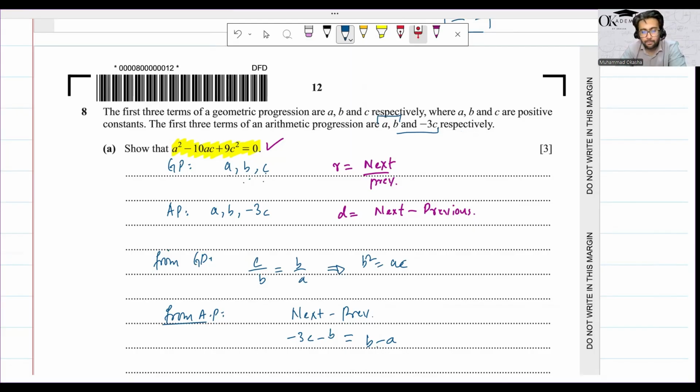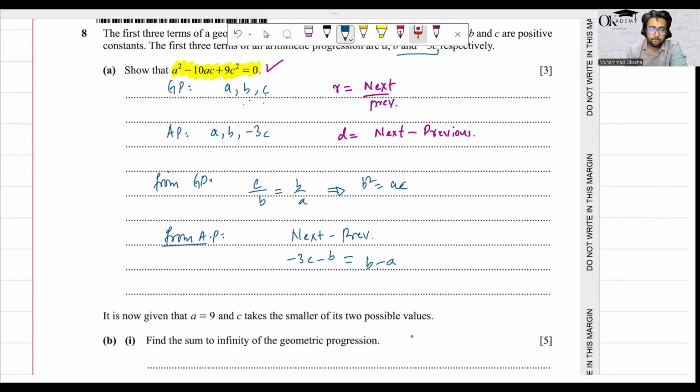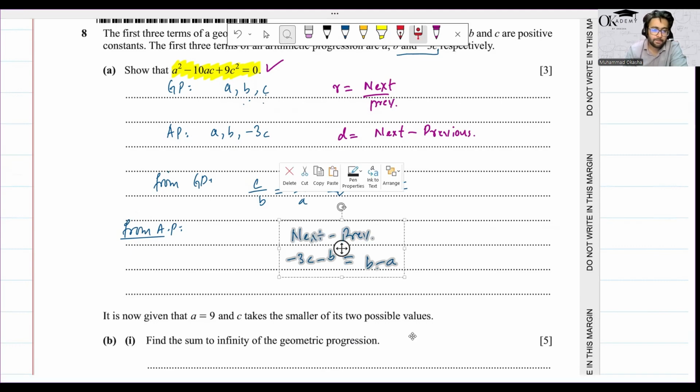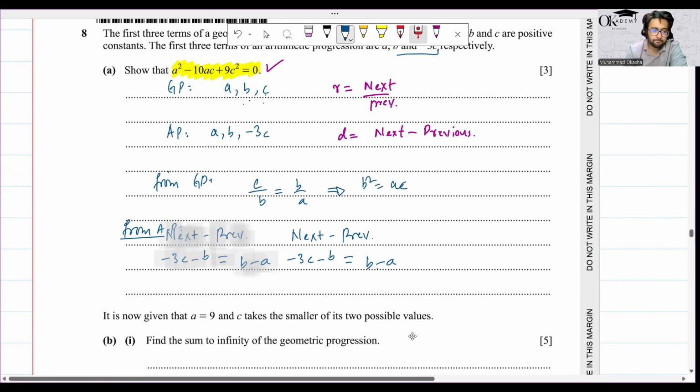Now, if I were to rearrange this, there's one simple substitution and we'll be done.